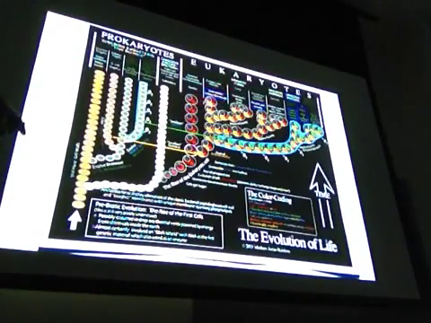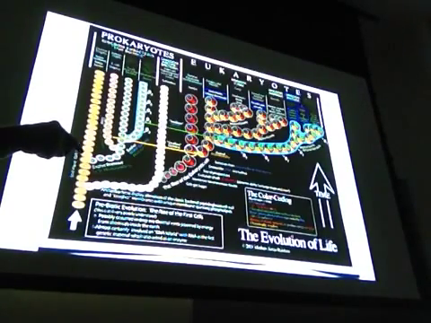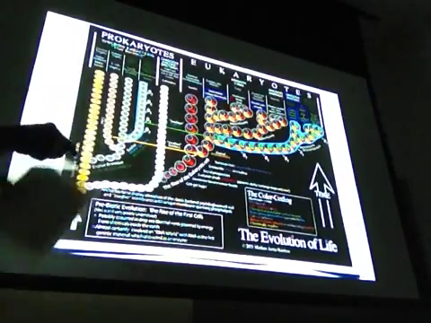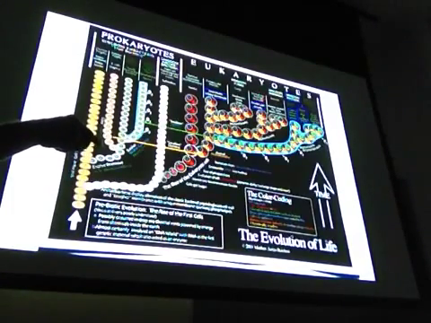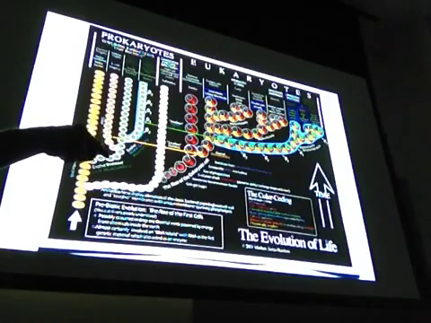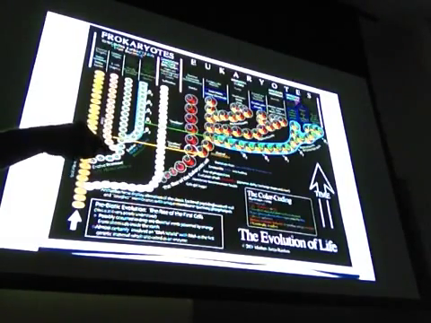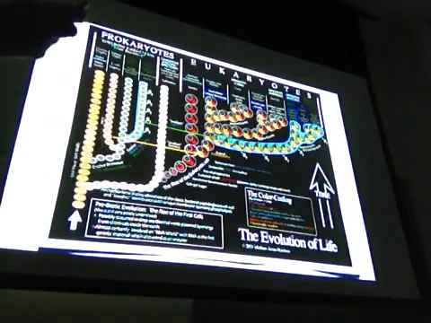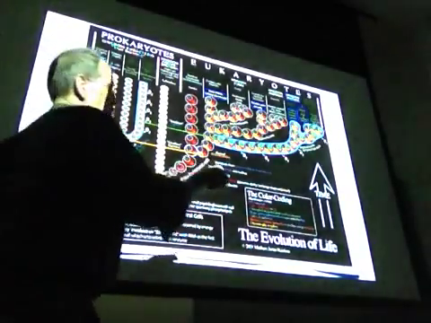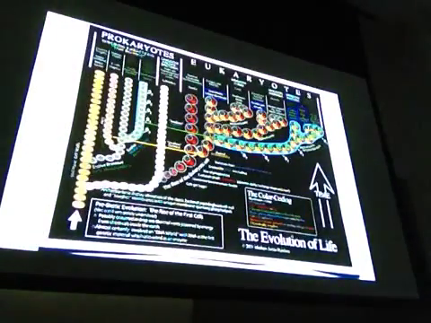And let's name the groups again. Fungus-like protists, some of which evolved into fungi. Animal-like protists, like an amoeba, some of which evolved into animals. And finally, plant-like protists, like euglena or diatoms, some of which evolved into plants. So there you have kind of the big picture on what the protist kingdom is.